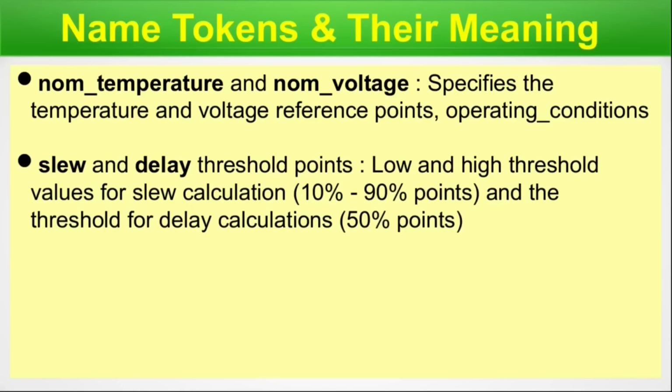Slew and delay threshold points. Low and high threshold values for slew calculation are 10% to 90%, and the threshold for delay calculation is 50%. I have pictorially made these things clear in previous episodes. These name tokens will be there in the .lib file to specify these 10-90 or 20-80 thresholds, and the delay threshold will be 50%.